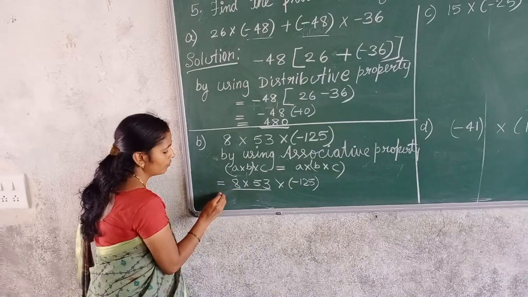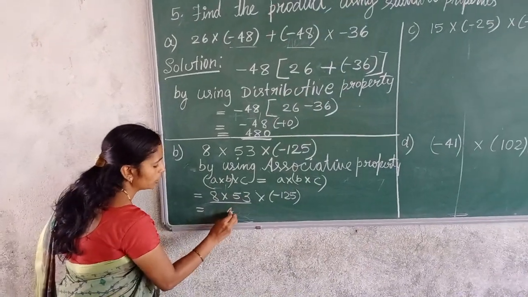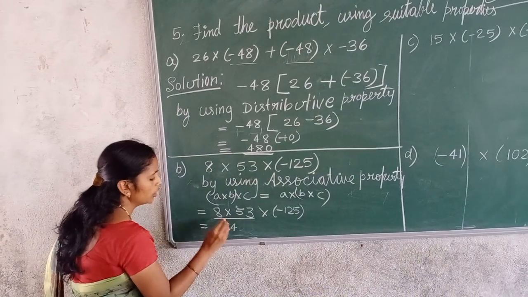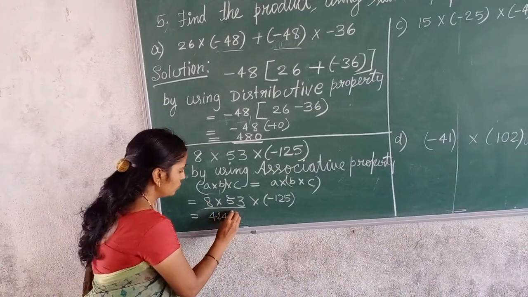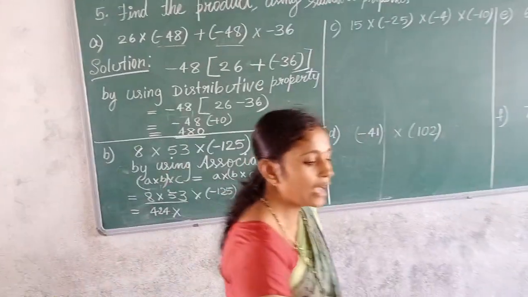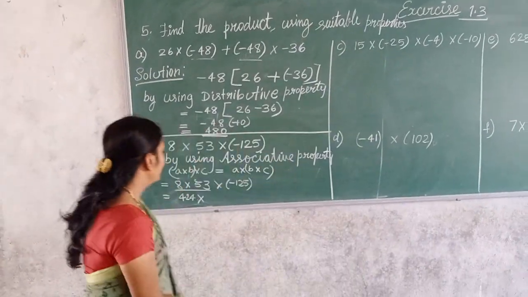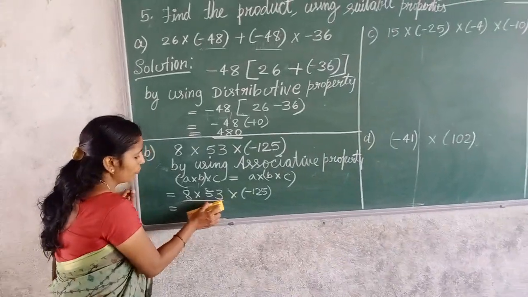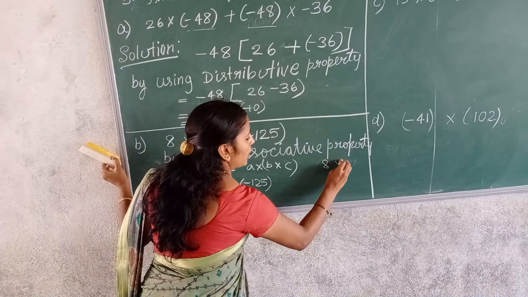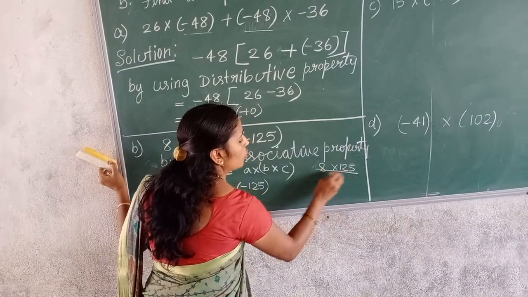Let us multiply this first. 8 threes are 24, 8 fives are 40 plus 2, 424 into minus 125. Or by an easy method, if you are getting a big number, first multiply 8 and 125. 8 into 125, what are you going to get?